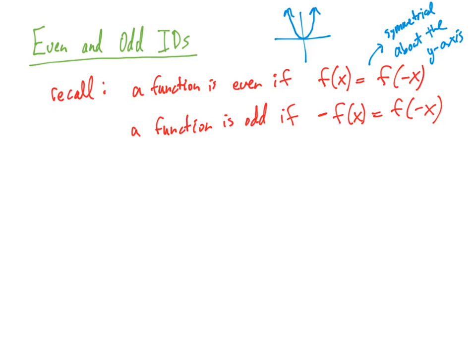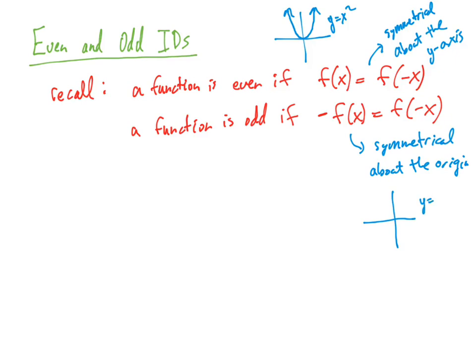A function is odd if it's symmetrical about the origin. And an example of that, so we saw that y is equal to x squared here. Y is equal to x cubed would be an odd function. Okay, so that's symmetrical about the line y is equal to x.